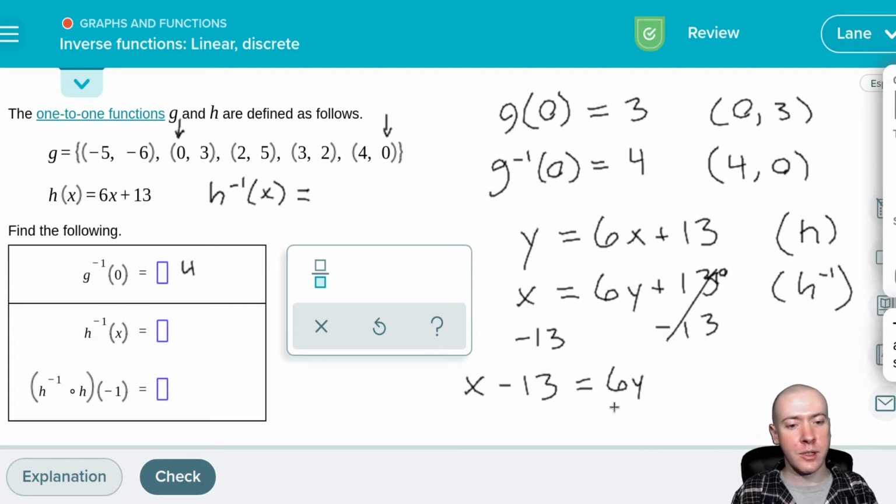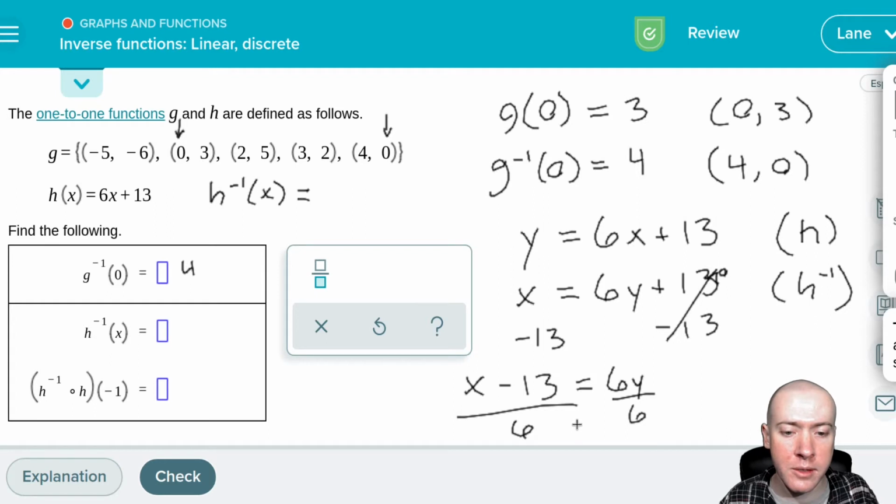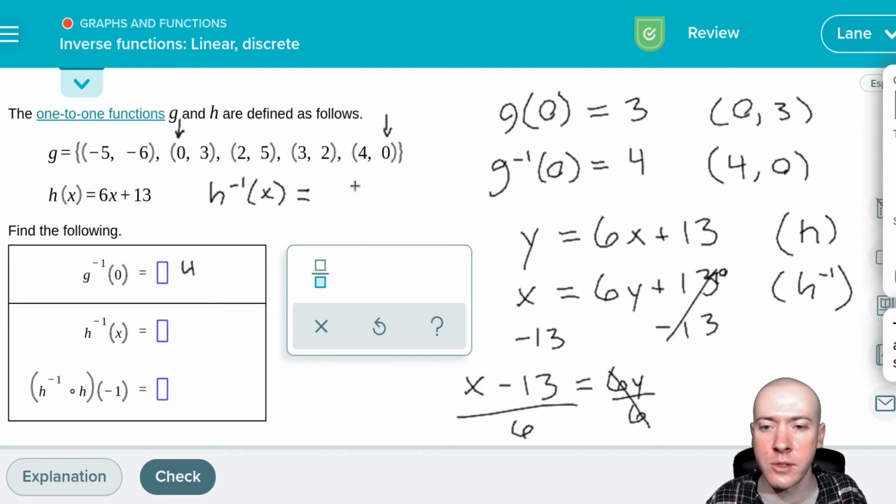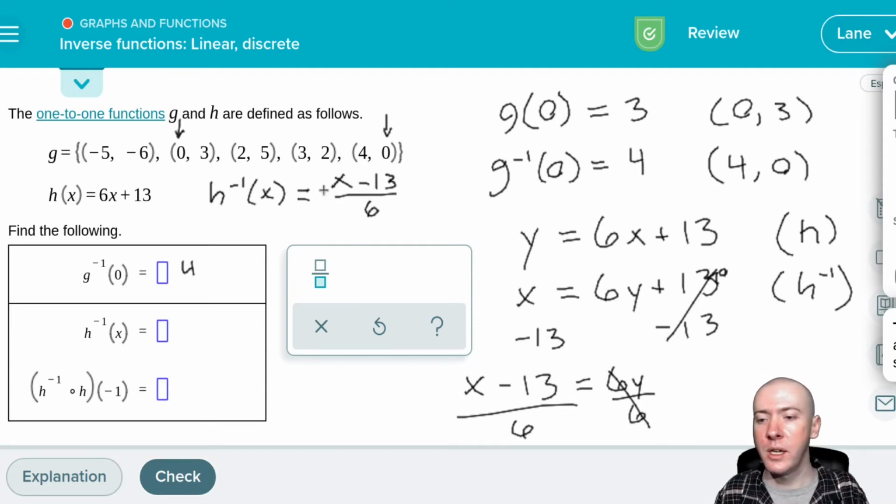The last step to get y by itself is to divide both sides by 6. So y equals (x minus 13) over 6 is h inverse, and we can write that h inverse of x is (x minus 13) over 6. That's what we're going to put right here for this answer.